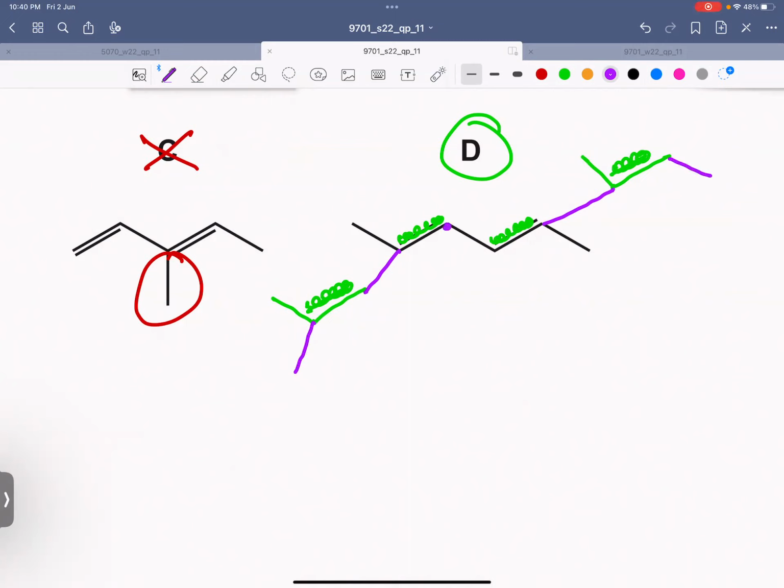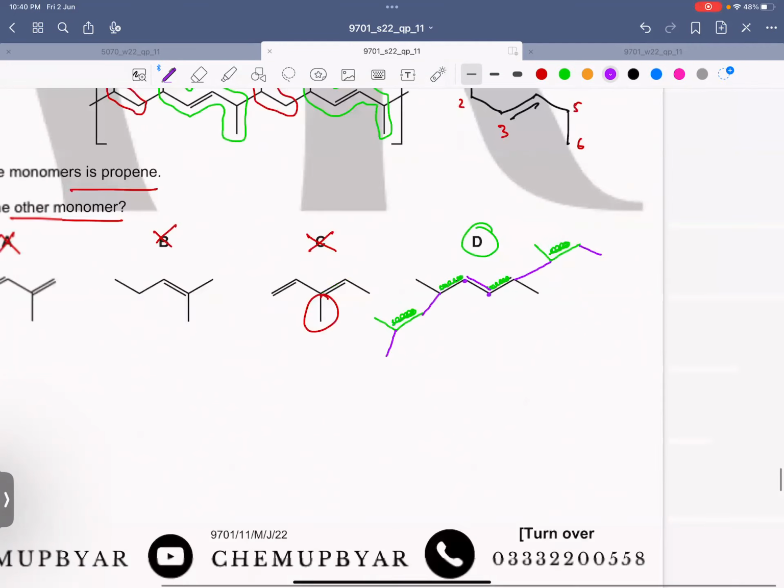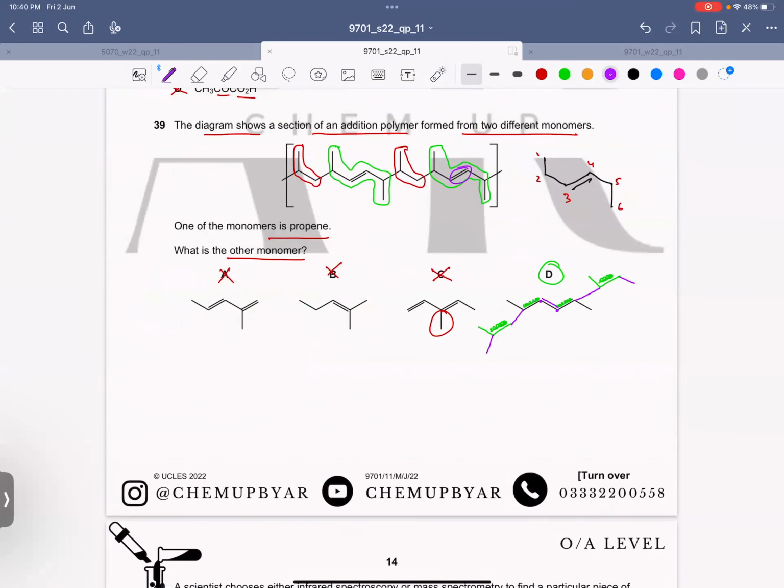But if you look at these two carbons, as the double bond is broken down, these two carbons have one bond lesser. No hydrogen is being added. So that's why these two carbons form a double bond, and that's why you are observing the double bond over here. That's why it has two double bonds. Is this clear?